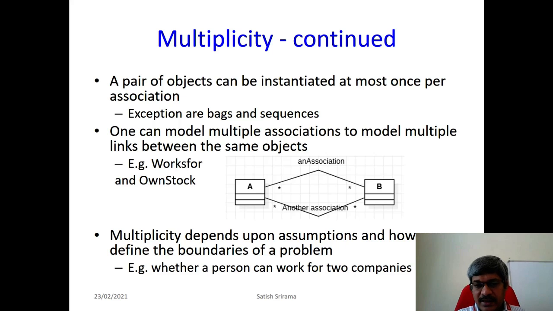Say for example, a tax board asks you how many companies you work for and how much salary you have earned, and then you have to pay tax on that. But whether you want to allow a person working for multiple companies depends on your model and your design. So that's how multiplicity depends upon assumptions, how you define the boundaries for a problem.